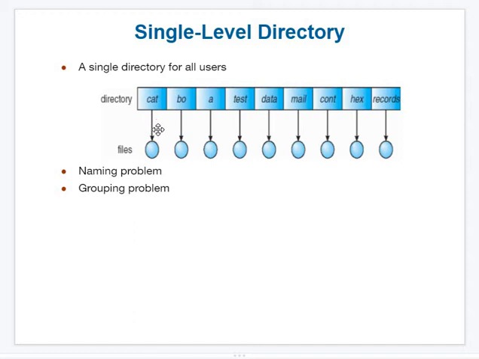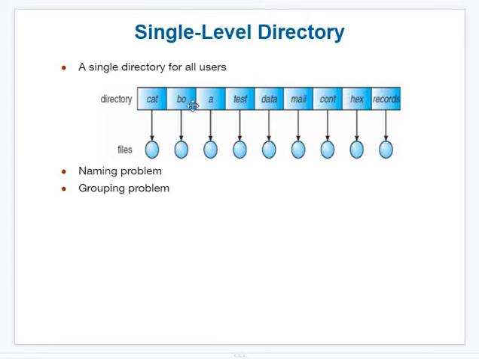Same concept. There are some files, folders or directories with names like cat, BOA, test, data, mail, count, hex, records. If you are not comfortable with these names, use A1, A2, A3 up to A9.